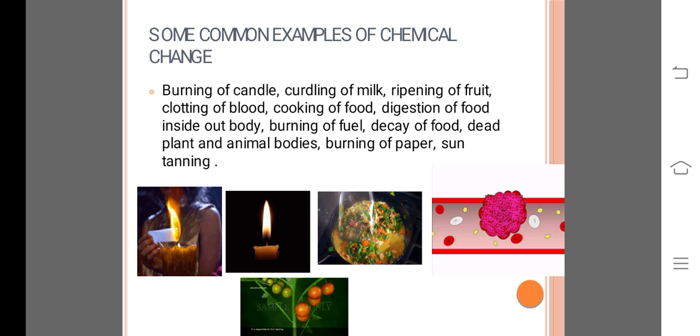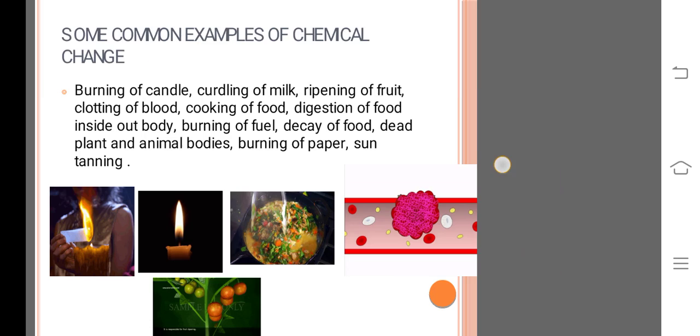These are a few examples of chemical changes, and you may see lots of chemical change in your surroundings if you observe. One very important chemical change is photosynthesis. There is a synthesis of starch in plants that is very common, and respiration is also a chemical change which is found in human beings, and your growth is also a chemical change.